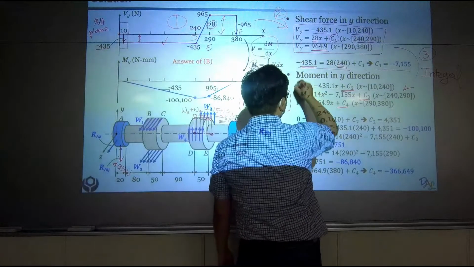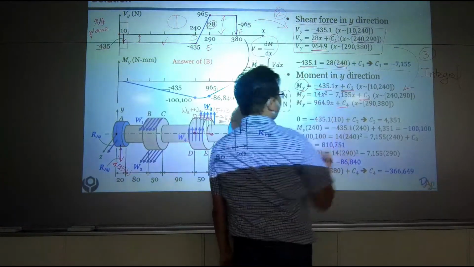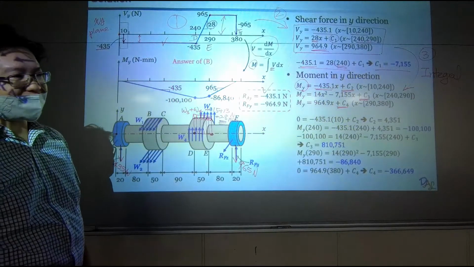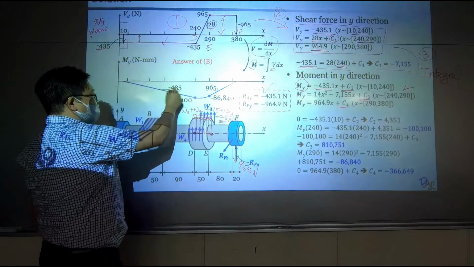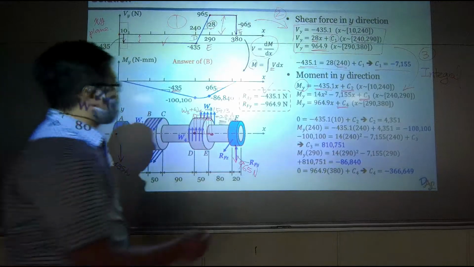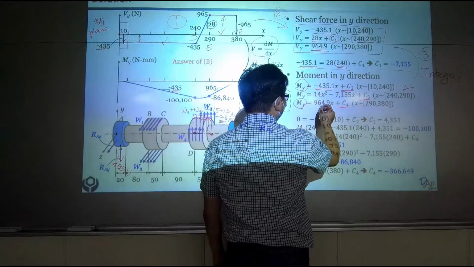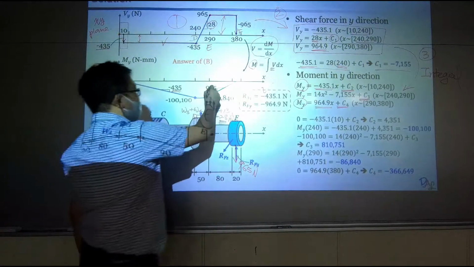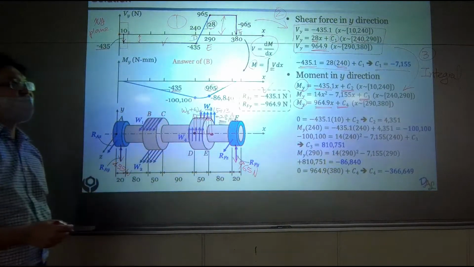The first one is telling you it's going to be a linear function, which is having a negative 435 slope. And the third one is also a linear function. It's having a slope of 965.